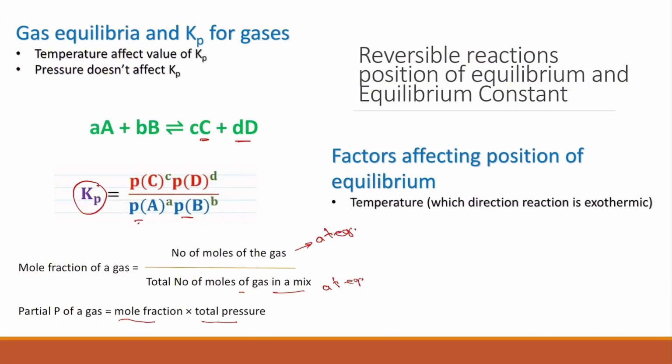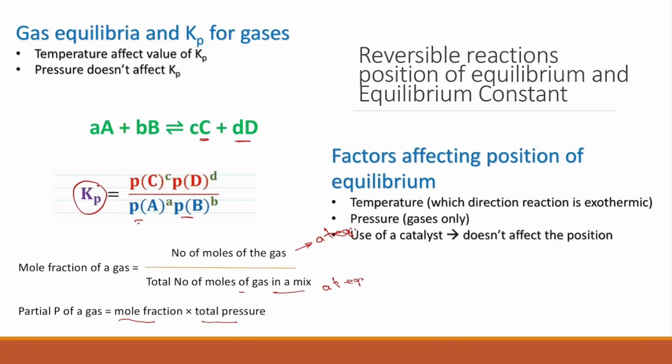So these are temperature, as we said, which direction of the reaction is going to be exothermic and which one is endothermic, and the pressure in case of gases only. And of course, for paper two, it's always going to be gaseous reactions. So if you increase the pressure, the position of the equilibrium will be shifted to the side with the lower number of moles and vice versa.